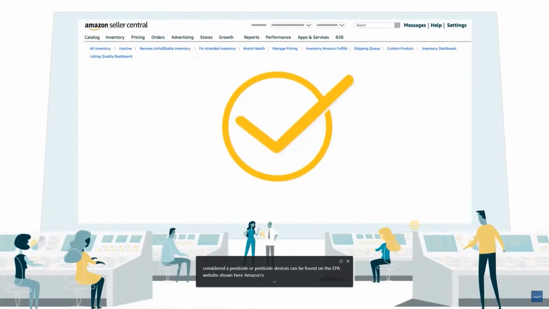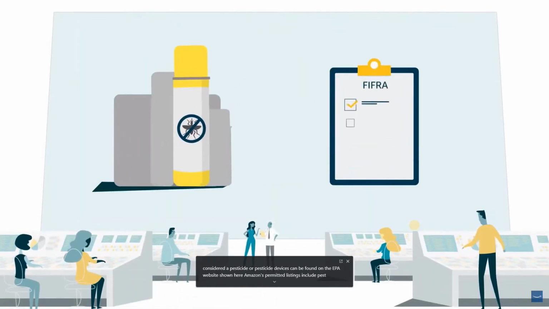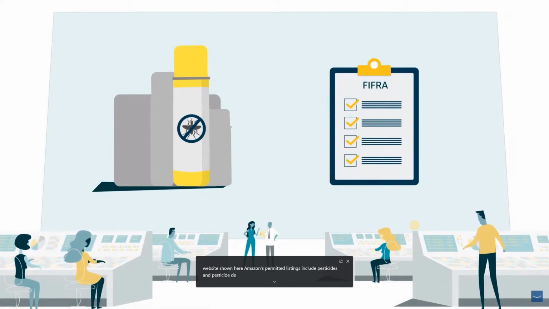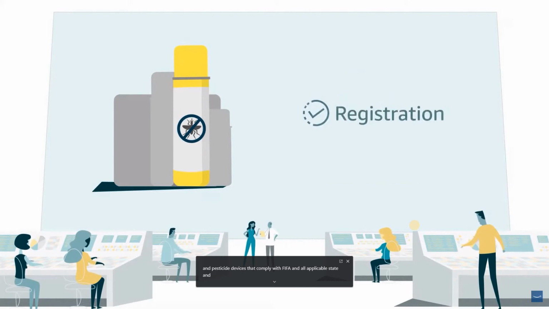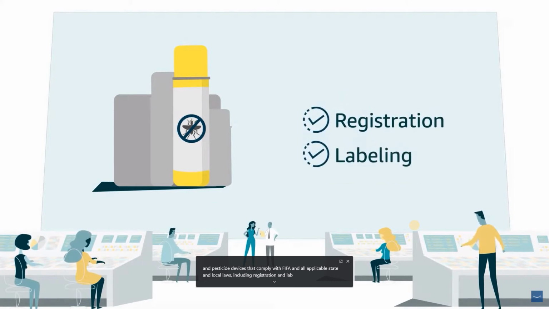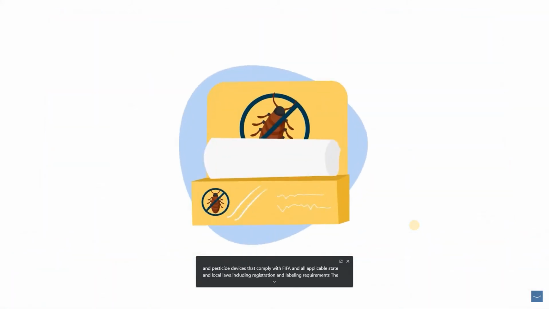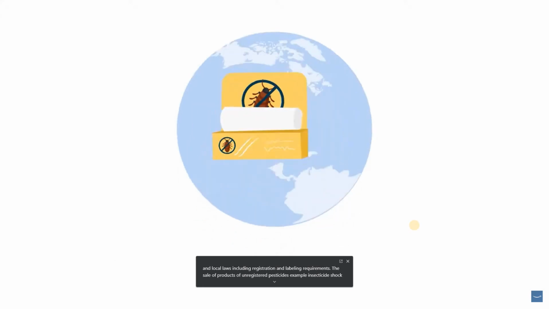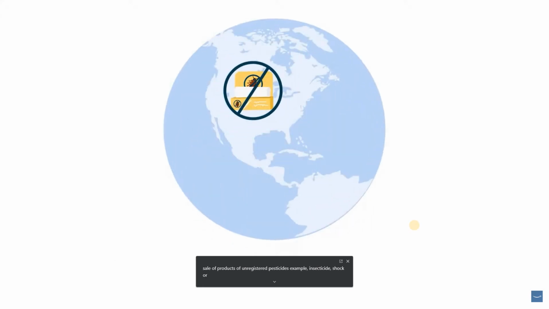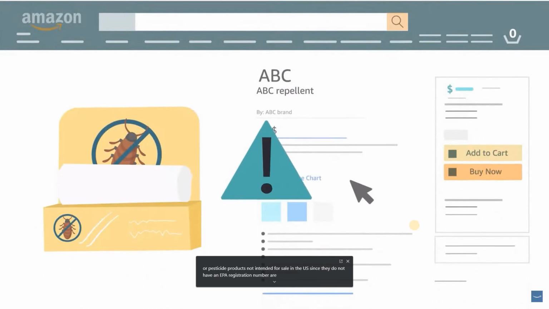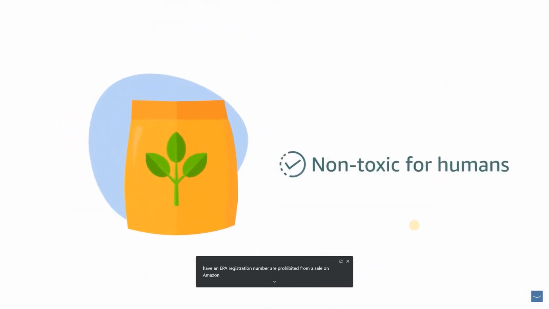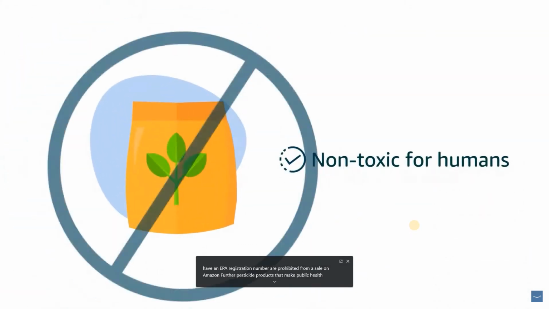Amazon's permitted listings include pesticides and pesticide devices that comply with FIFRA and all applicable state and local laws, including registration and labeling requirements. The sale of unregistered pesticides, for example insecticide chalk, or pesticide products not intended for sale in the U.S., since they do not have an EPA registration number, is prohibited on Amazon. Further, pesticide products that make public health claims are also prohibited.